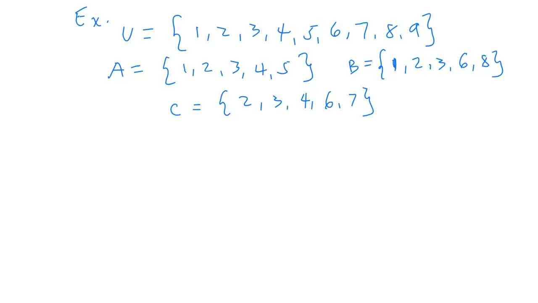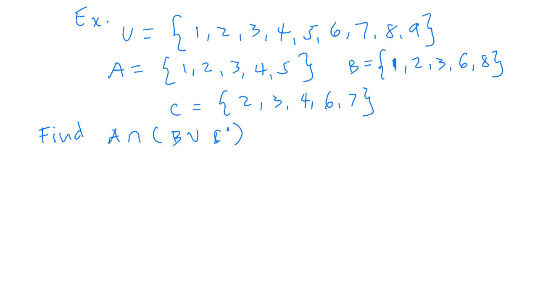Okay, so now we're asked to find A intersection of B union C not.